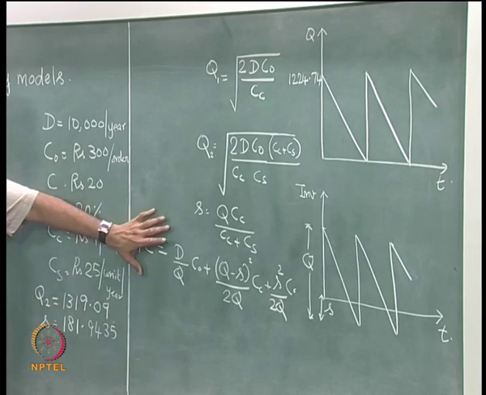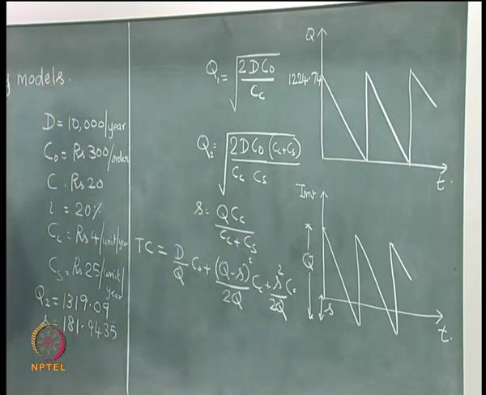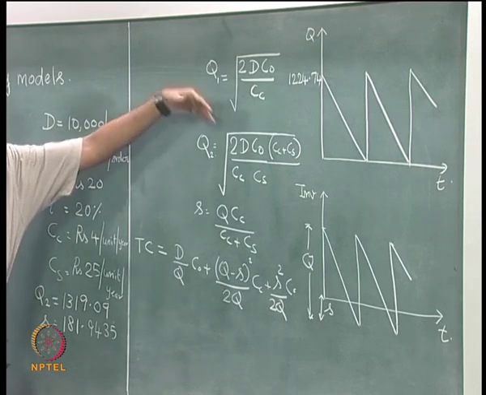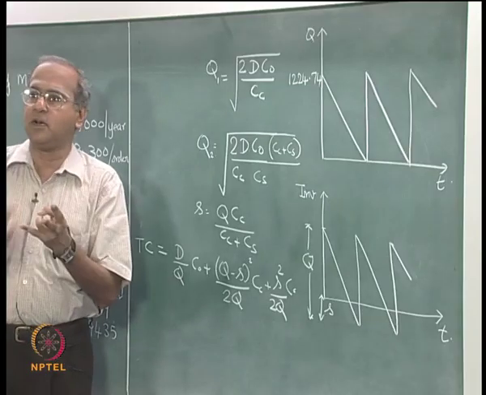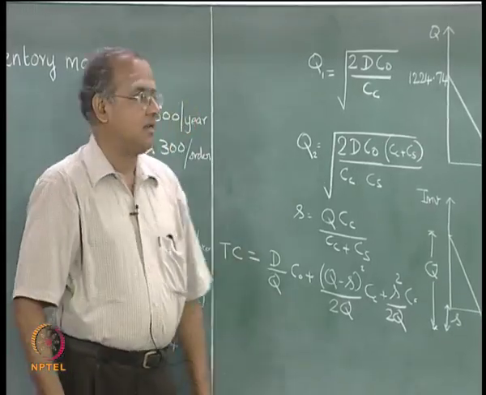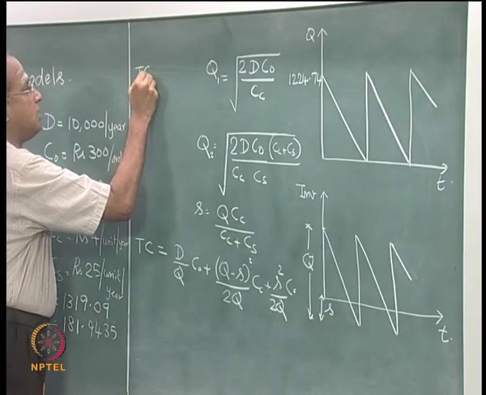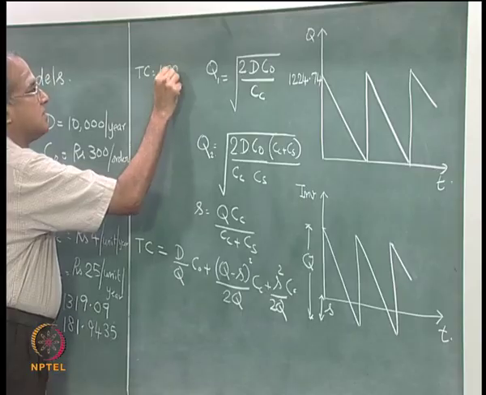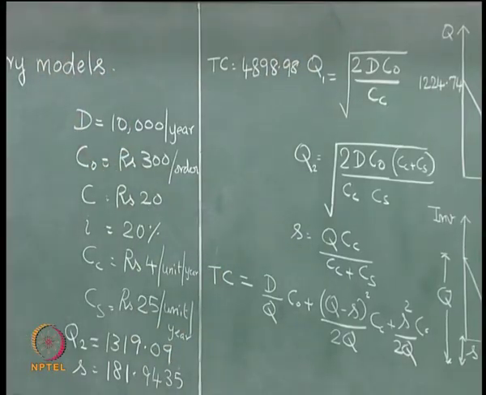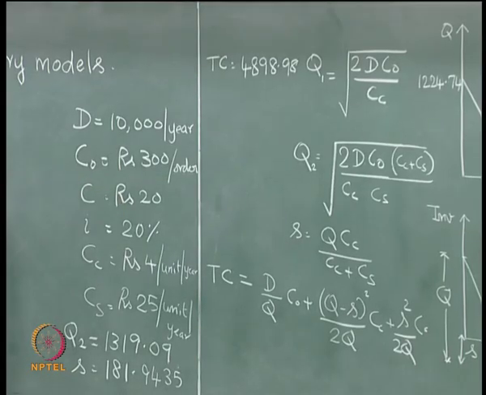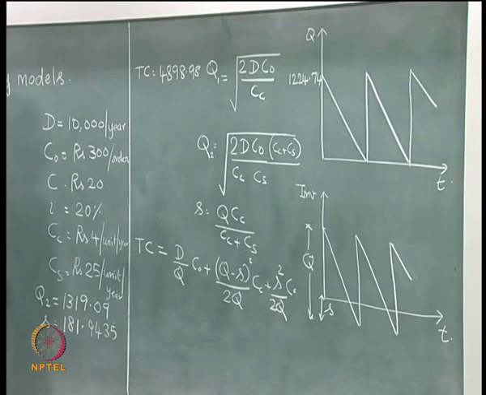Now, let us also calculate the total cost associated with this model and try and compare it with the total cost associated with the earlier model. The earlier model had only two components, which is the order cost and the carrying cost, and then the economic order quantity was 1224.74 and the total cost in this case was found to be 4898.98. So, let us also try and find out what happens when the back ordering is allowed and Cs is introduced.